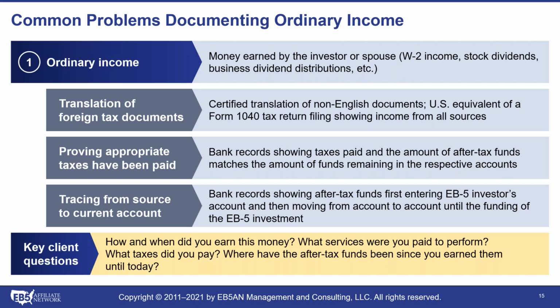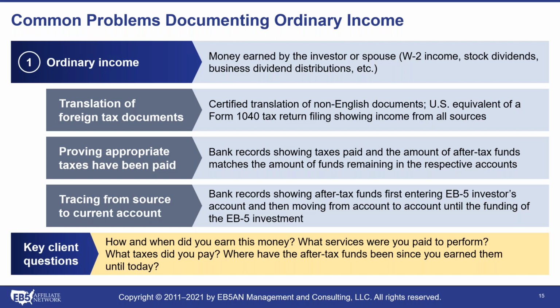For example, if it's employment income, they're going to want to see a number of years of personal income tax returns, a salary report or payroll report. Hopefully we can get an employment verification letter from the employer indicating what the investor's title is, what their job duties are, what their salary is, and potentially even where the salary is deposited and how often.